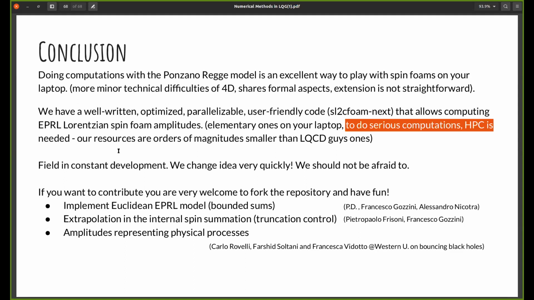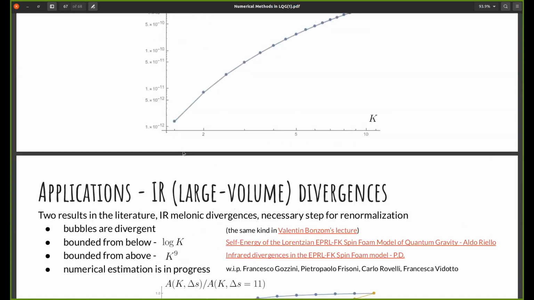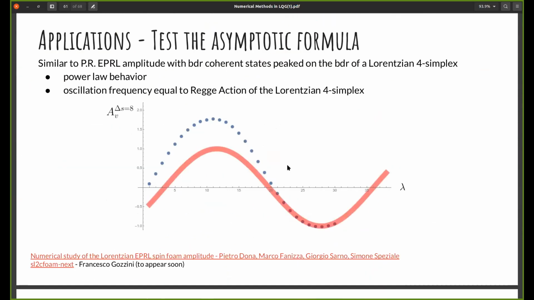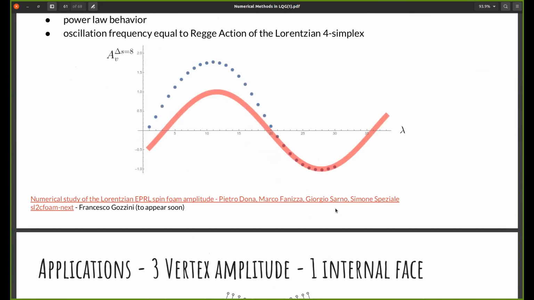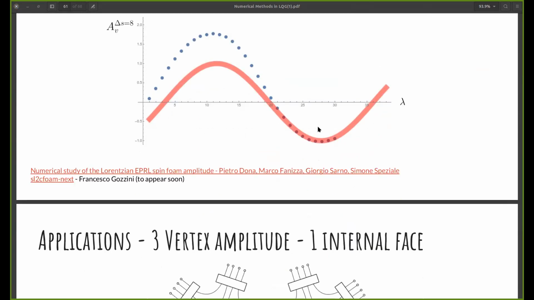Just as an observation, notice our resources: the computation that I showed you here takes, I think 1,500 CPU hours.